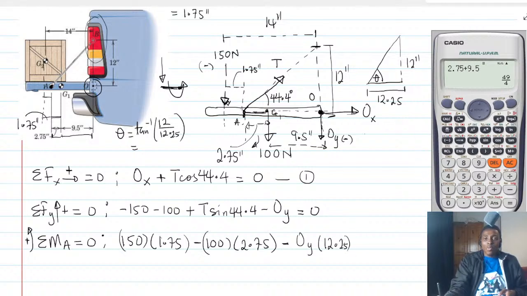Now this will be equal to what? Let me write it all. This will be equal to 0, isn't it?